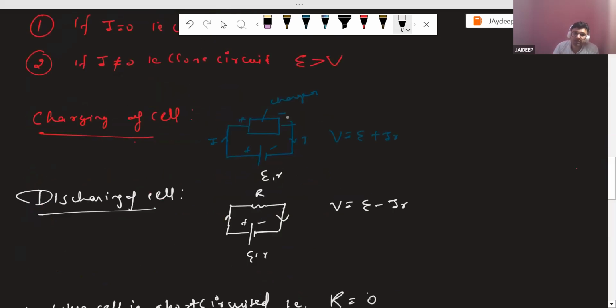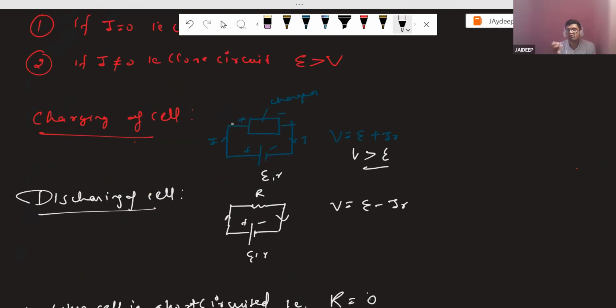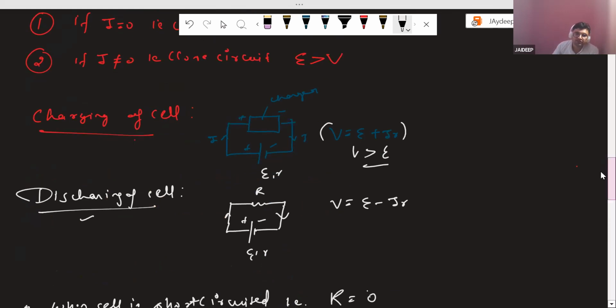In case of charging, the terminal potential difference is greater than the EMF of the cell when positive is connected to positive. For example, take our mobile phone. When we charge, this is the condition. Discharging is when we use it, so V equals E minus Ir.